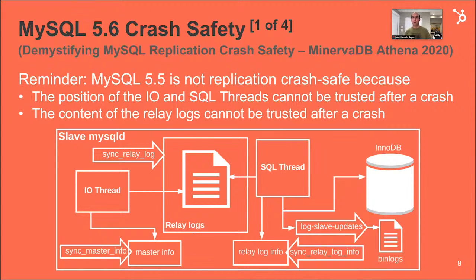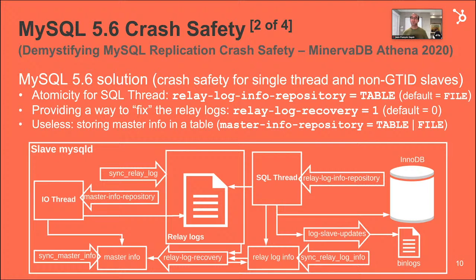So a reminder, 5.5 is not crash safe because there's no way to do things atomically. So we cannot trust relay log info, we cannot trust master info, and we cannot trust the relay log because they're not flushed. 5.6 solves that by introducing atomicity for tracking the SQL thread state and its actual progress.